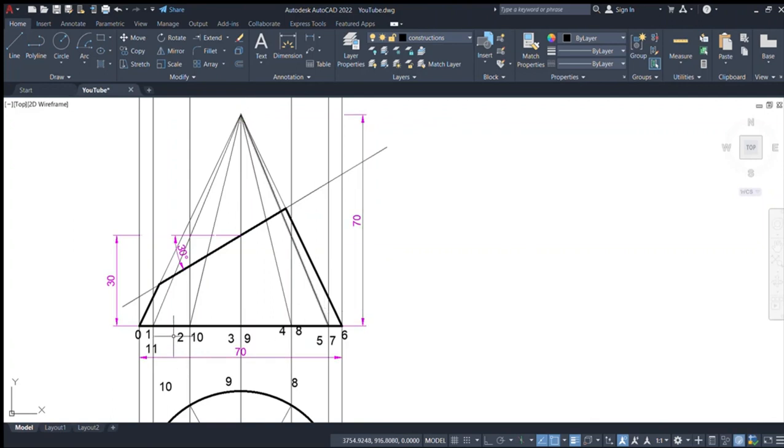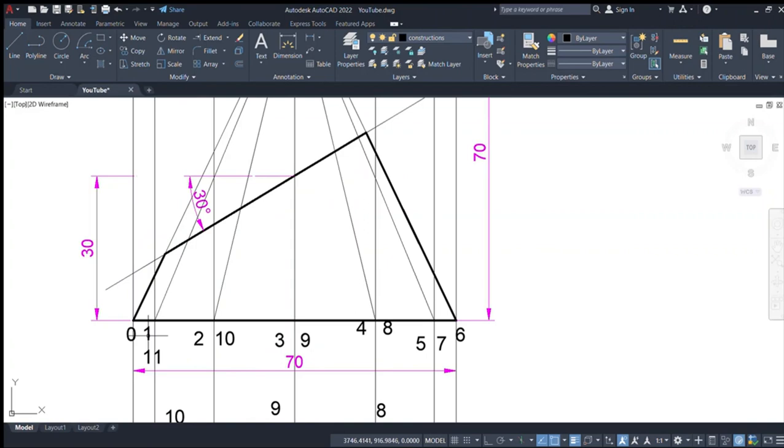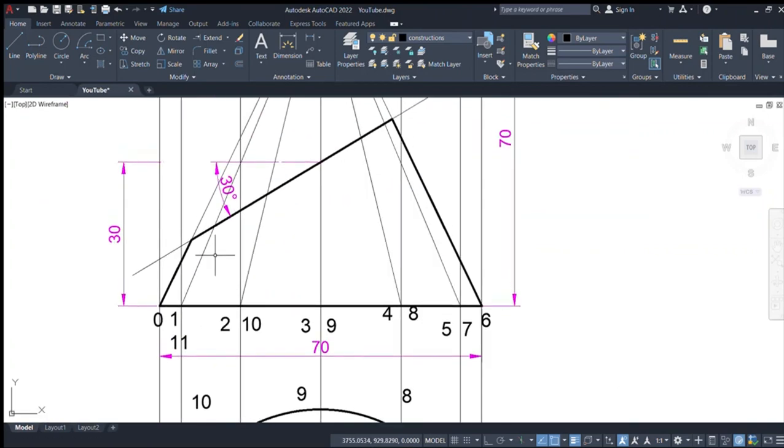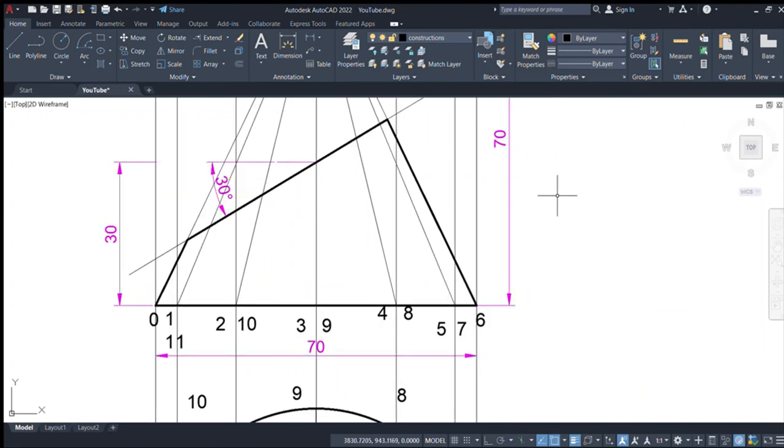Good. So this point 0, our generator from point 1 is meeting our cutting plane at this point, so we can call that 1 prime. So we can now name all of them.